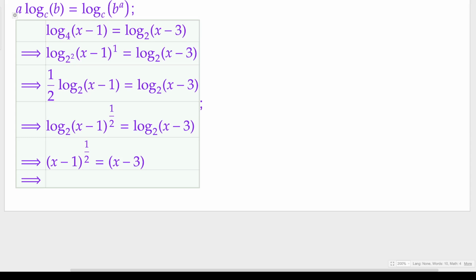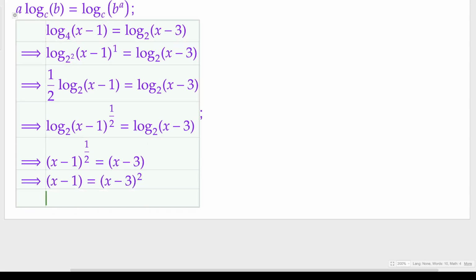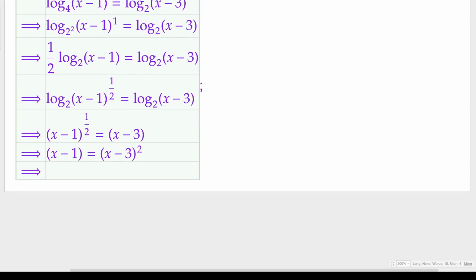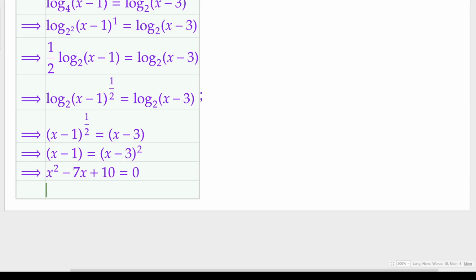Now on squaring both sides, this will be x minus 1 equal to x minus 3, whole squared. On resolving this quadratic equation, we get x squared minus 7x plus 10 equal to 0.